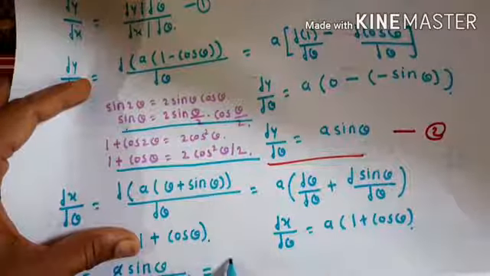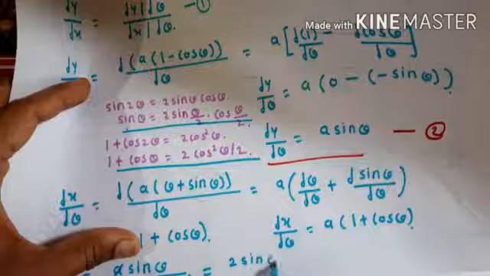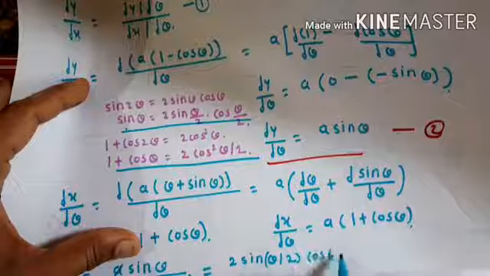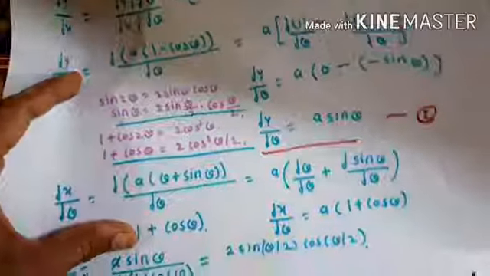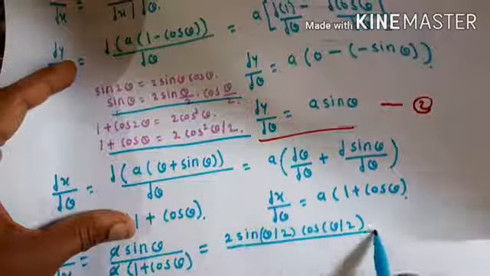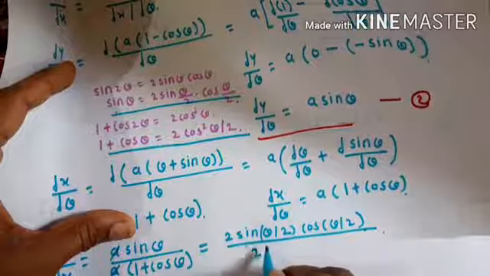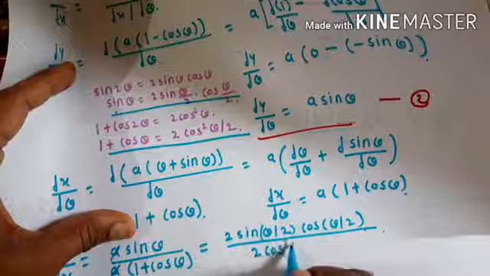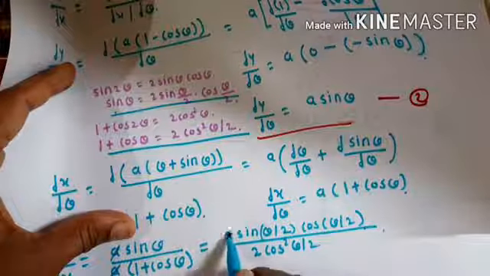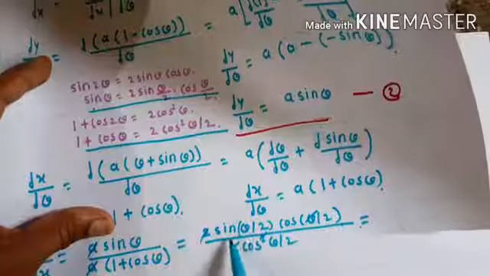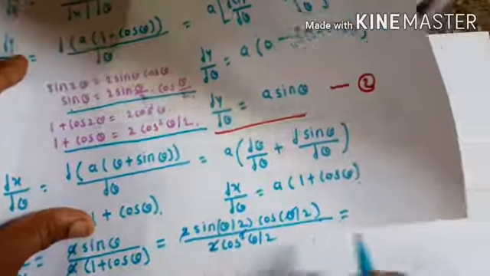That is sin theta is 2 sin theta by 2 into cos of theta by 2 divided by 1 plus cos of theta, which is 2 cos square theta by 2. 2 gets cancelled, cos gets cancelled, and that is sin of theta by 2 upon cos of theta by 2.